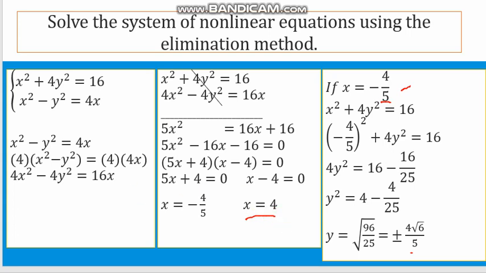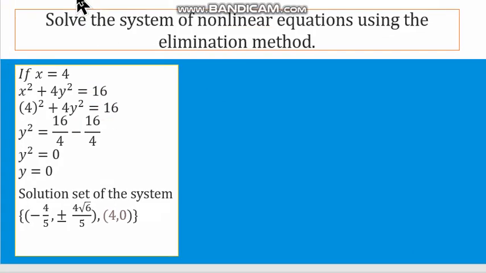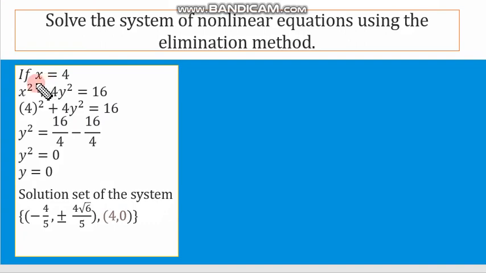So, if x is equal to 4, again in our first equation, x squared plus 4y squared is equal to 16, we substitute the value of x by 4. So 4 squared is 16, plus 4y squared equals 16. 4y squared stays on the left, and the 16 moves over, becoming negative 16.